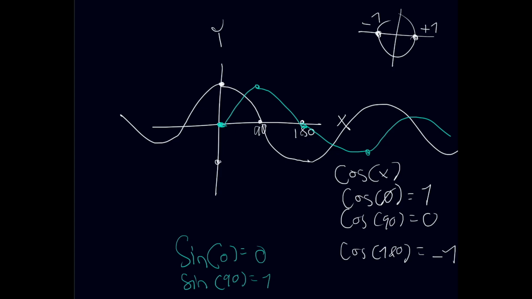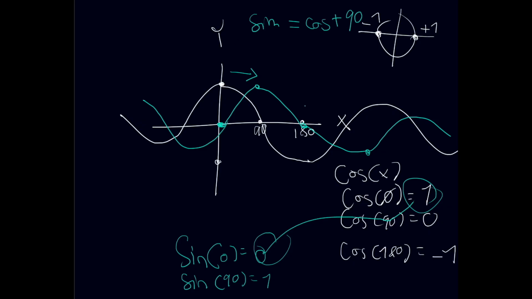So it's not entirely displaced, it's still similar. It's not opposite, but essentially, value-wise, it is kind of opposite. So sine is basically cosine plus 90 or minus 90, because it's just this sort of little displacement here.